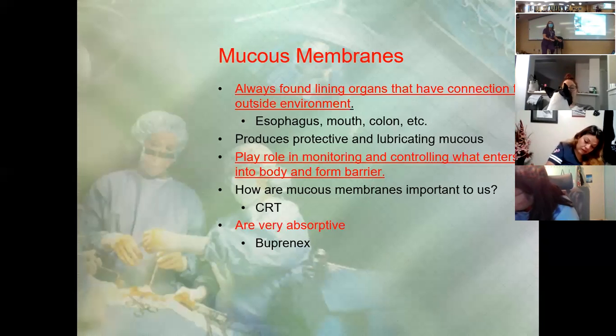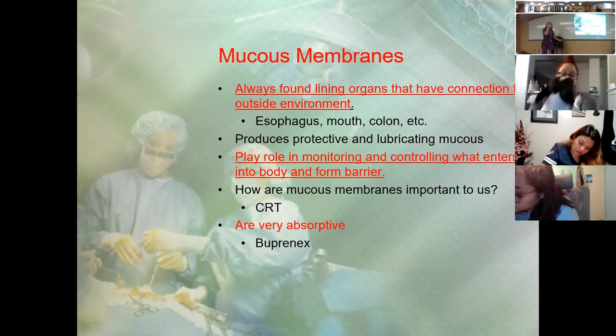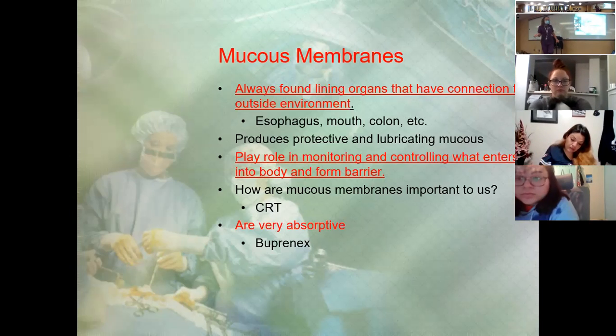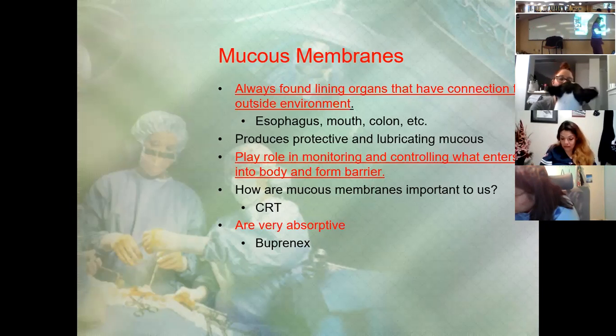Because they open up to the environment, you're constantly having foreign invaders trying to get in to hurt you, right? You're breathing them in, you're taking in food, which is alien material according to our bodies. Our bodies don't know what it is. And so these mucous membranes are going to help to control and monitor what comes in and out and decide, do we need to launch an immune attack against it?